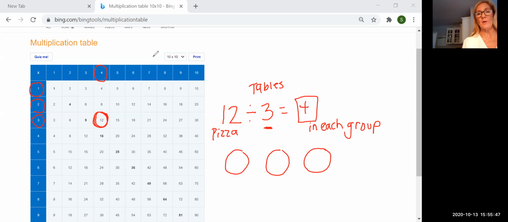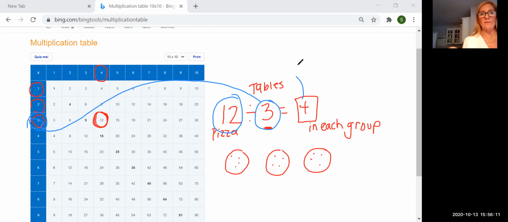You're either missing how many are in a group or how many groups there are. In this case, we were missing how many were in each group. Regardless, what you need to remember is that you'll have the total, and you'll be given information from one of the factors. Maybe you'll be given how many are in each group, or how many groups there are. And you'll have to find out the other one. And it should add up to that total.